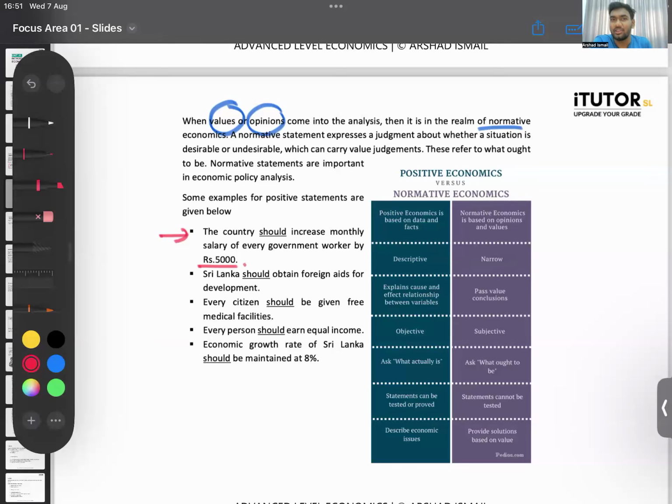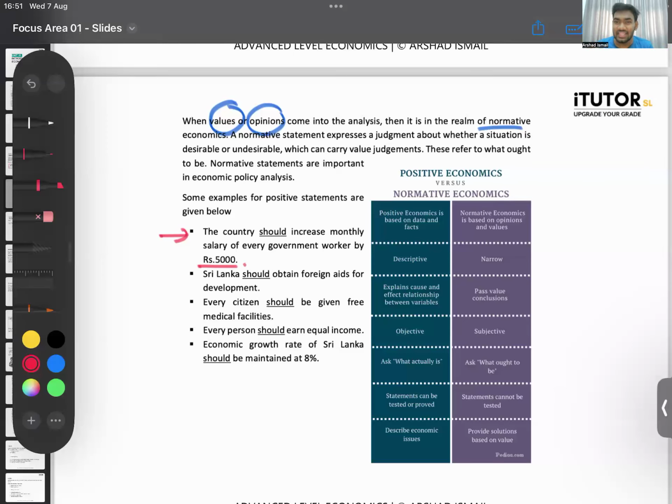We don't even have the money to do this. Don't increase by 1,000, maybe increase by 500. Another will come and say 1,000 is not enough, increase by 2,000. Mahinda comes and says, don't increase at all. So these are things that get debated in the parliament. These are things that people in the parliament vote for, and actually policymakers take this into action.